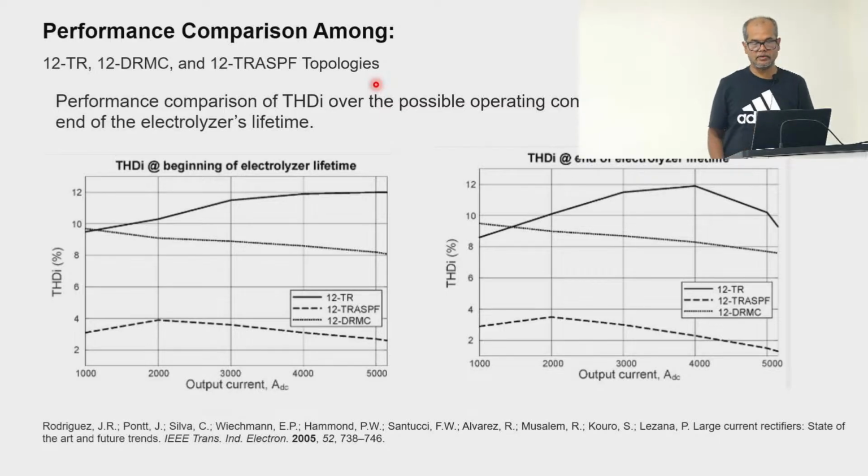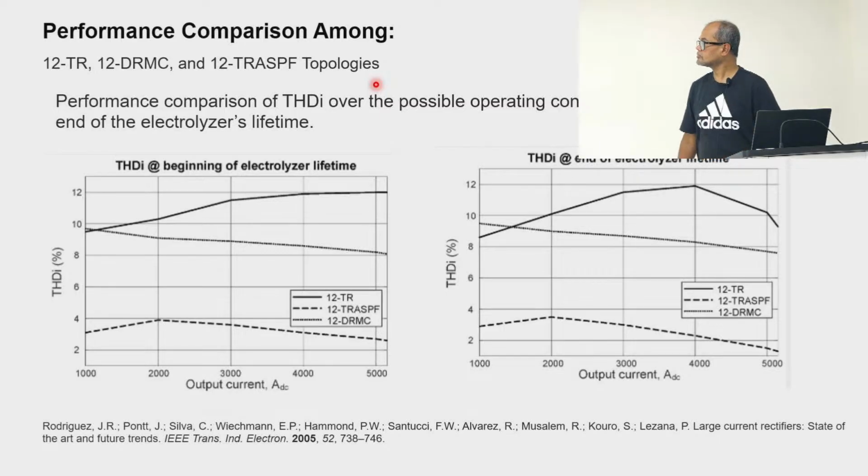What about the total harmonic distortion? So again, you see that the one with the shunt power filter is giving the lower total harmonic distortion, in both cases, either in the beginning or end of the electrolyzer lifetime.